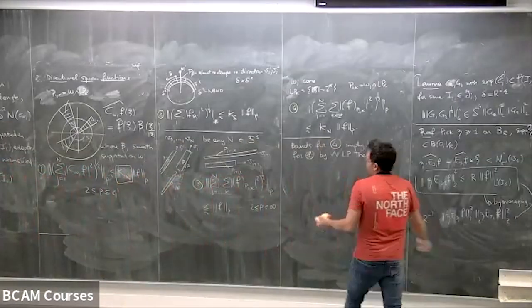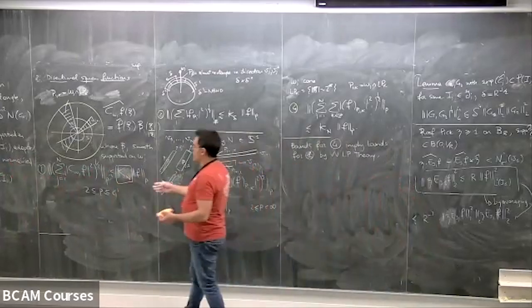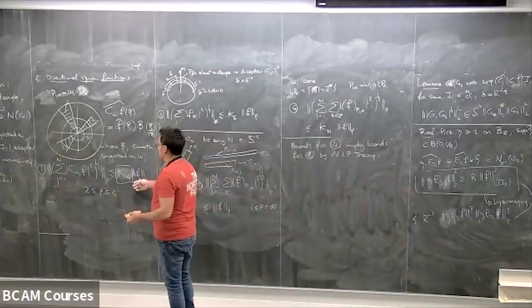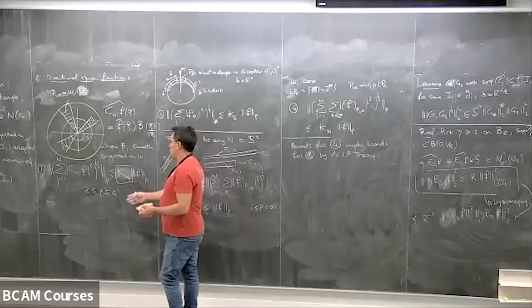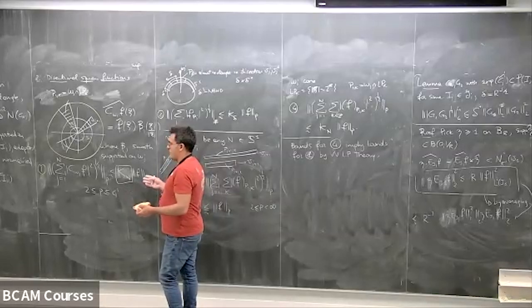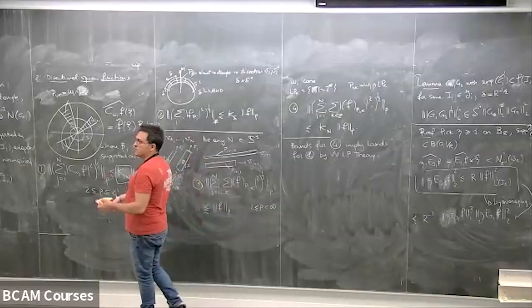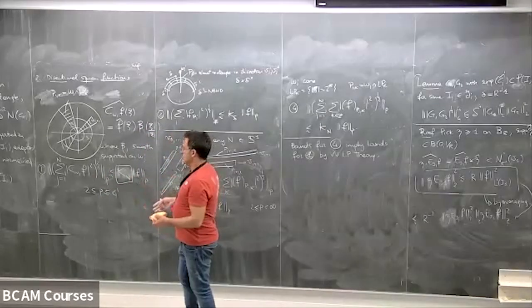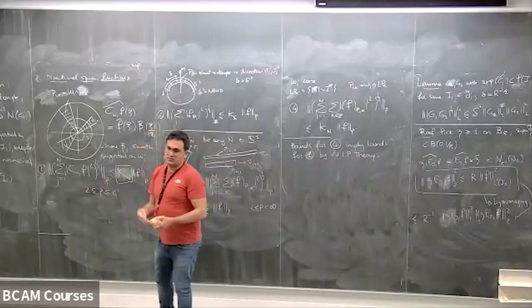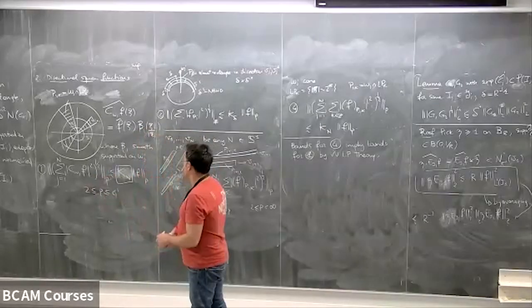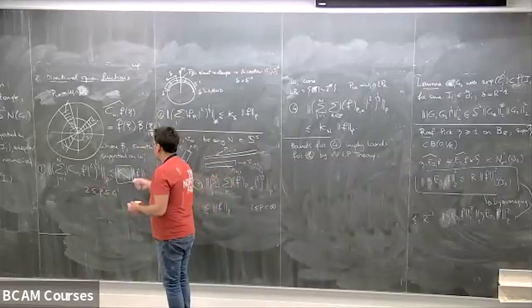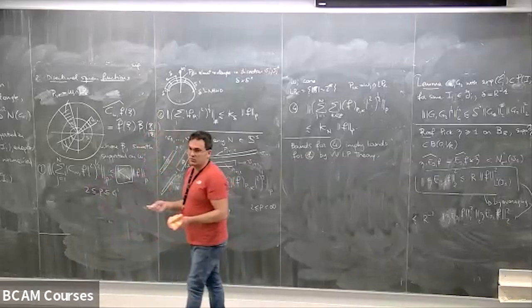Of course, you can make it depend on n in a trivial way for p greater than 4 by using the triangle inequality and bounds for the single cone multipliers. That's not a problem. But we are not interested in those trivial bounds.